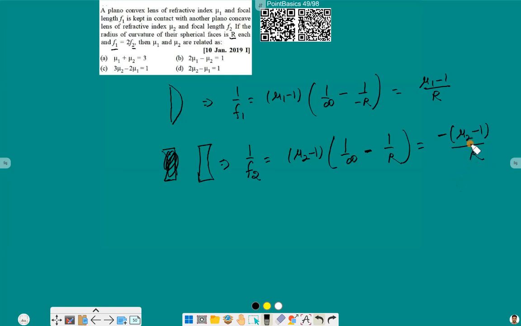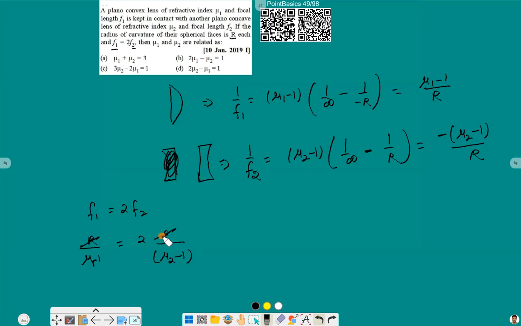Now as mentioned, f1 is equal to twice of f2. This is only possible if we take the magnitude. So magnitude-wise, f1 is equal to twice of f2. Magnitude of f1 is r by mu1 minus 1, and twice magnitude of f2 is r by mu2 minus 1.